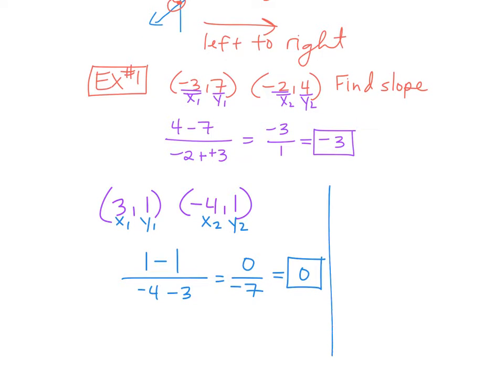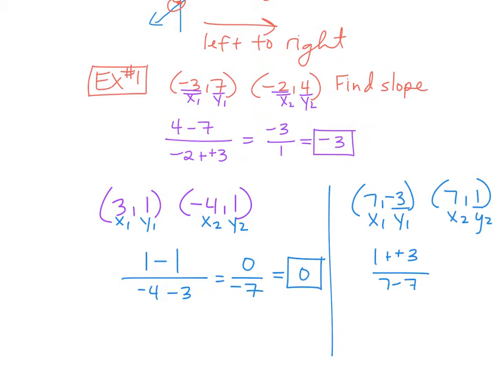Whereas, what if I had these numbers? (7, -3) and (7, 1). Now, if this is x1, y1, and x2, y2, if I go y2 minus y1, so 1 minus -3, that would be 4, and then 7 minus 7. Now I have 4 divided by 0. Can I do a number divided by 0?